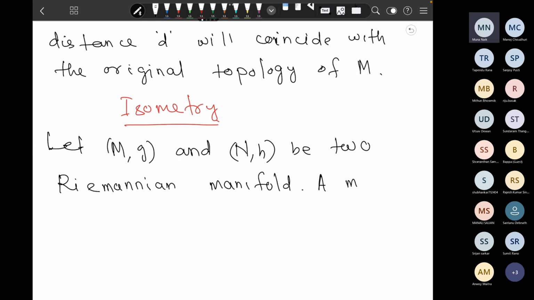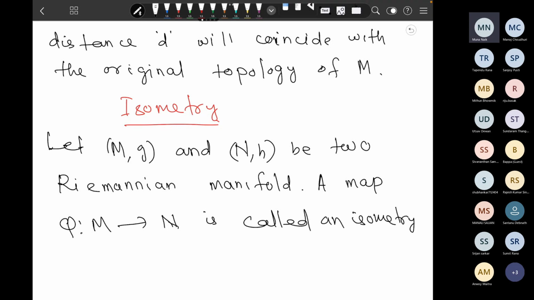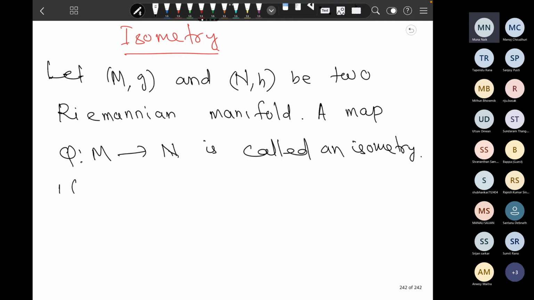A map phi from M to N is called an isometry if, first, phi is a diffeomorphism.